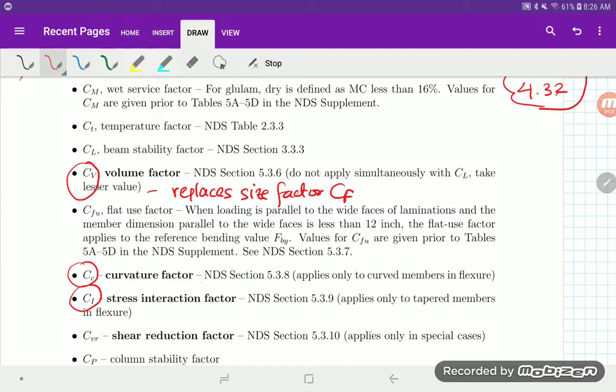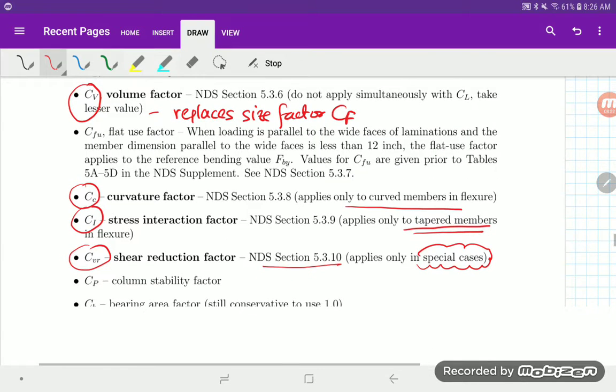For example, the curvature factor is only if you have curved members. The stress interaction factor only applies if you have tapered members. There's a shear reduction factor that only applies in very special cases. You can read those up in Section 5.3.10 and so forth.